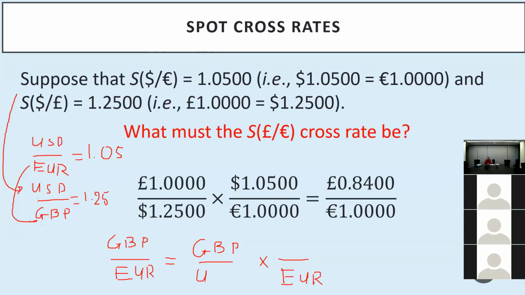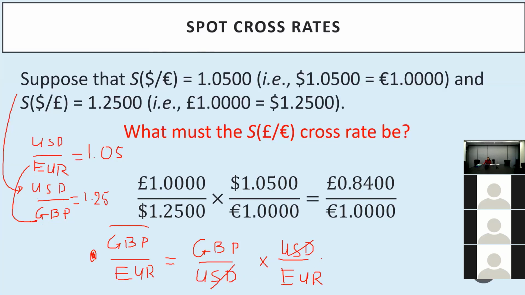We know that we have to work this out based on two different exchange rates involving the USD. If I rewrite the exchange rate between the pounds and the euro in terms of these two exchange rates, I will find that these two terms cancel out, leaving me with the exchange rate that I want, which is the pounds and the euro, right?